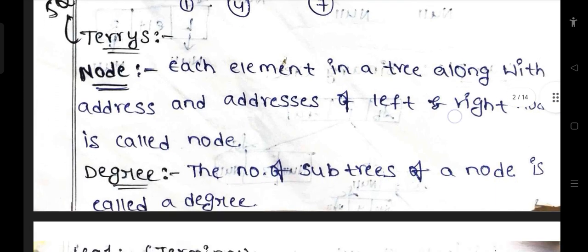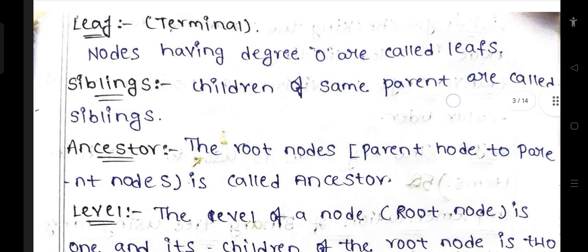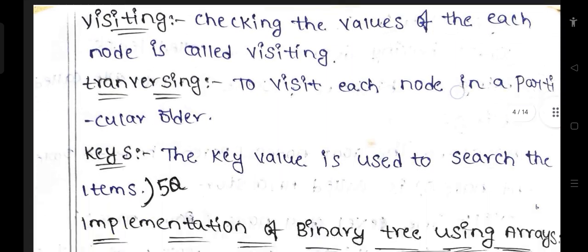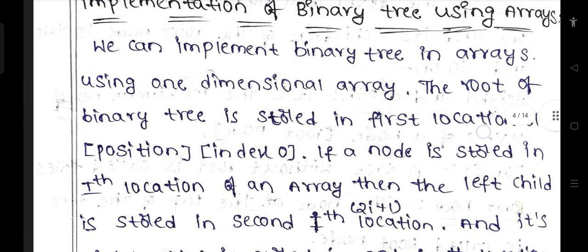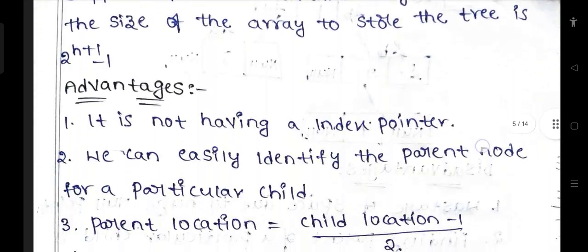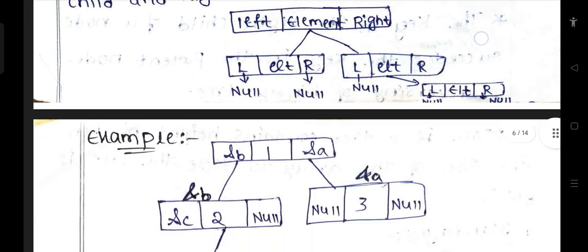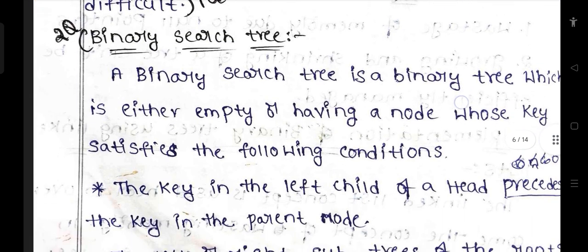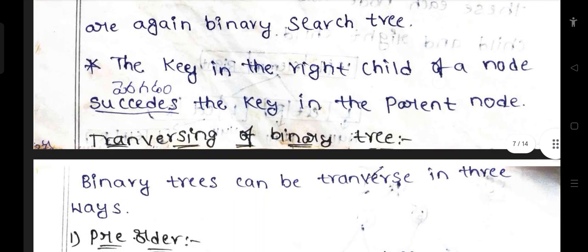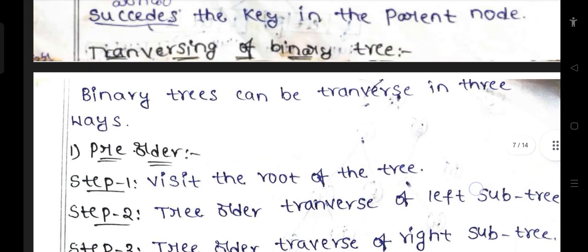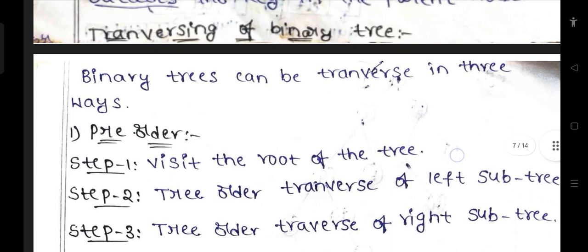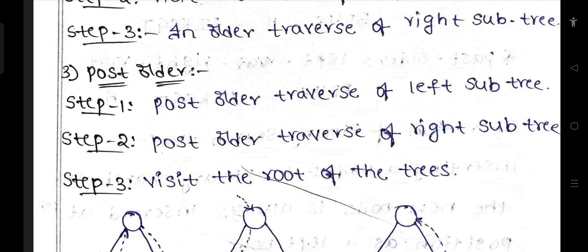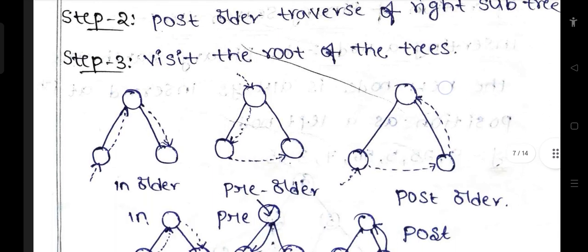Before that, we discussed some important topics: root node, parent, child, all these come under some basic topics. And implementation of binary tree using array and using linked list come under the representation of binary tree. Next, binary search tree is one of the classifications of search tree. Then traversing: pre-order, in-order, post-order, very important for second semester students of the Andhra University syllabus.